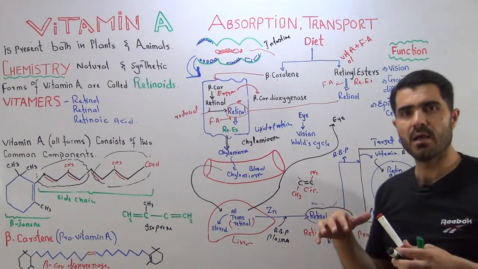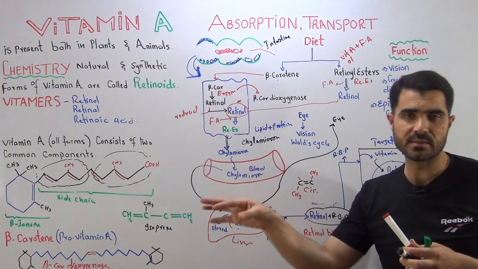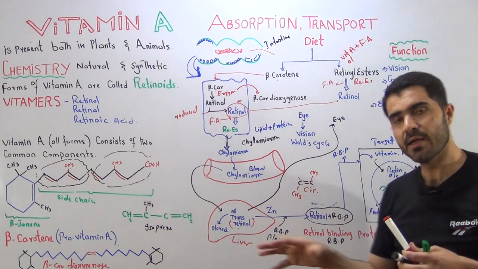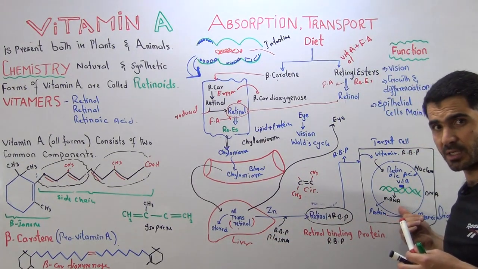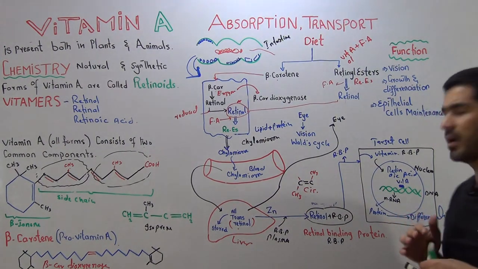Inside the target cell, another RBP molecule will receive the vitamin, and it will guide the vitamin straight into the nucleus and will attach to the DNA. At the DNA, when it attaches, then messenger RNA is synthesized from the DNA, and that messenger RNA will give us a protein, and that protein will help in the differentiation.